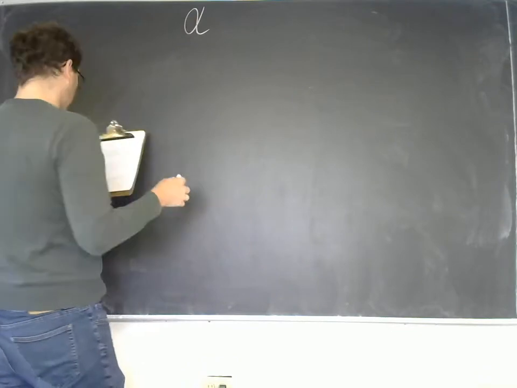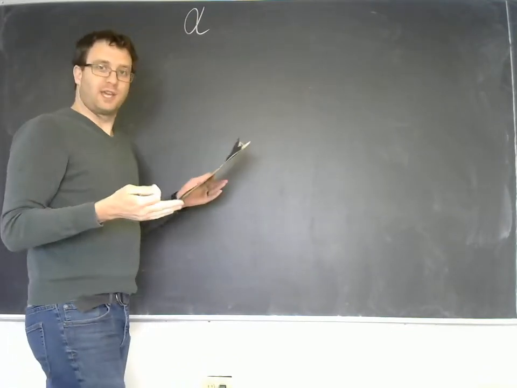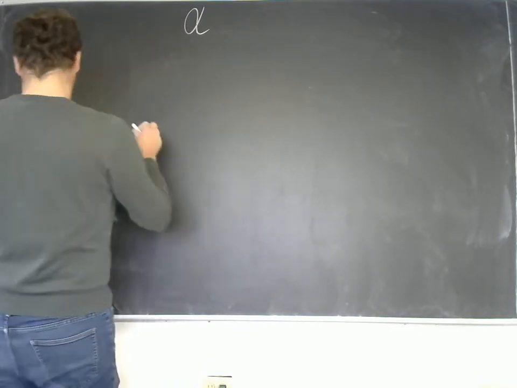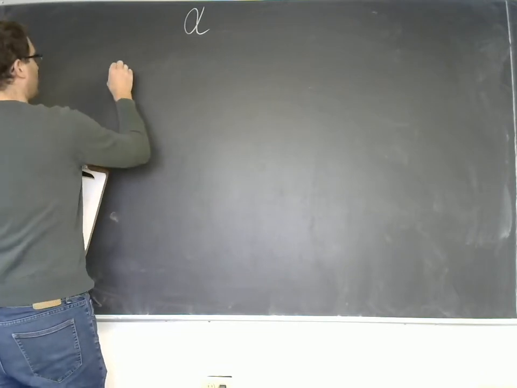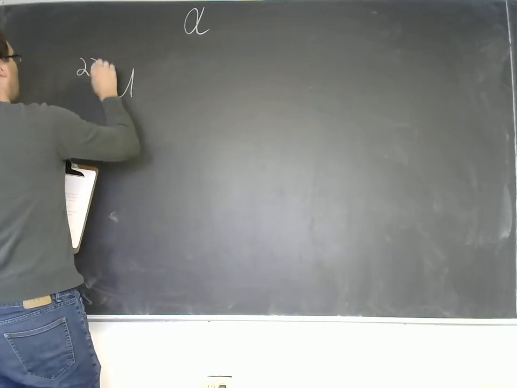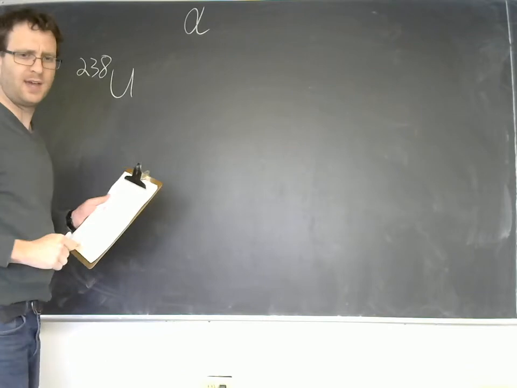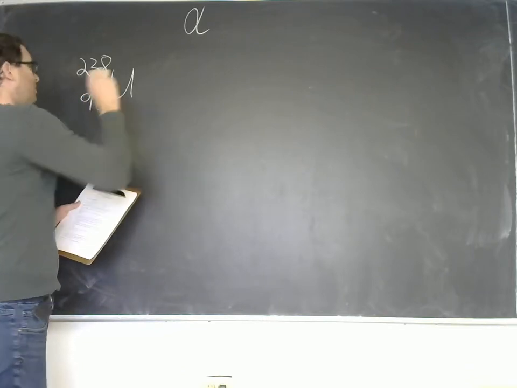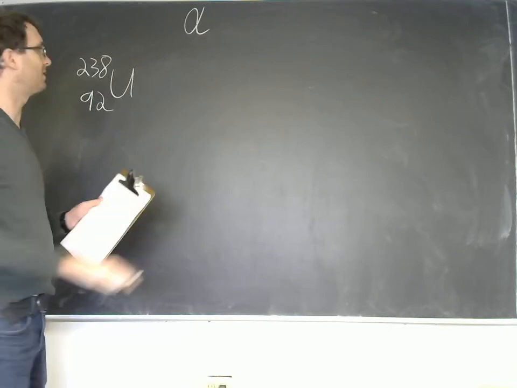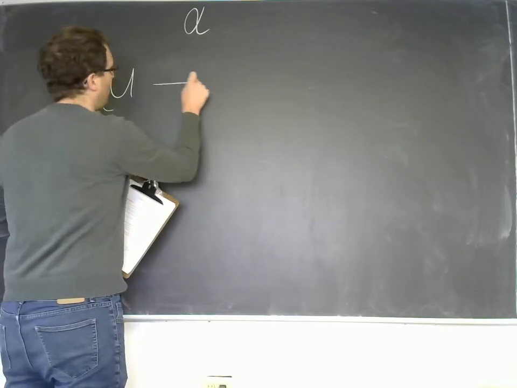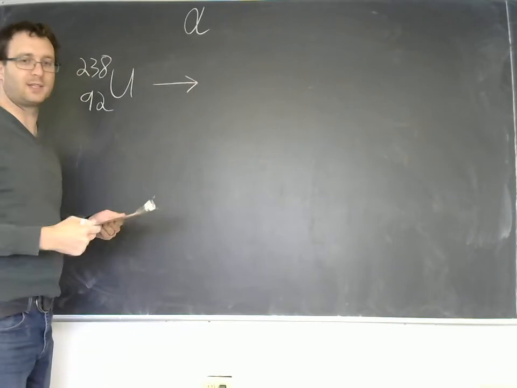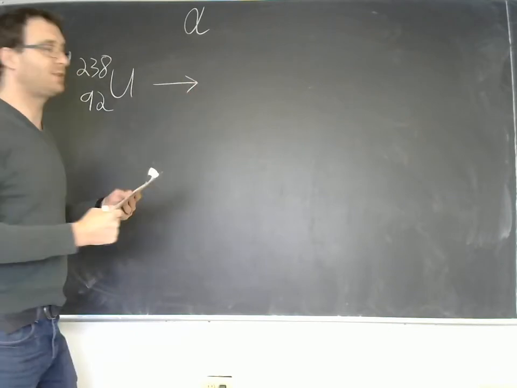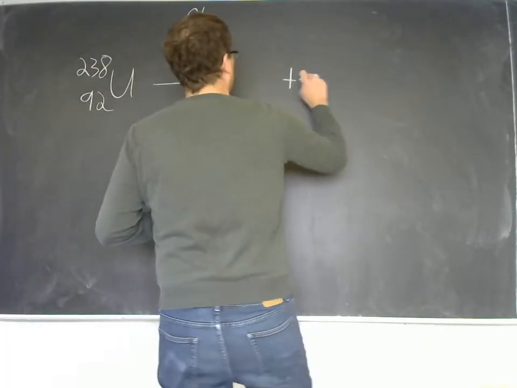So let's look at an isotope which decays via alpha decay, something like uranium-238. So there's U-238, and we're going to go ahead and put the atomic number 92 down there because that's going to help us in balancing. So U-238 is going to decay into some daughter isotope plus an alpha particle.